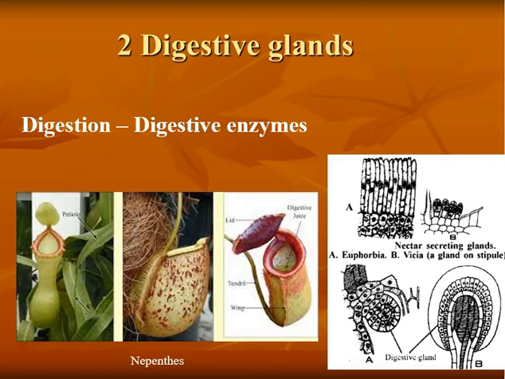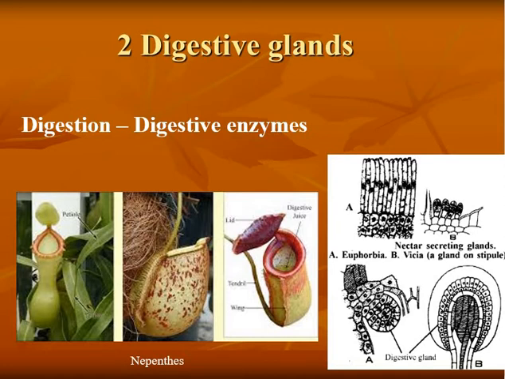The second type of tissue is called the digestive glands. This is also an external secretory structure, synthesizing digestive enzymes, and the purpose is digestion. What is this? Normally a plant can absorb only nitrates.